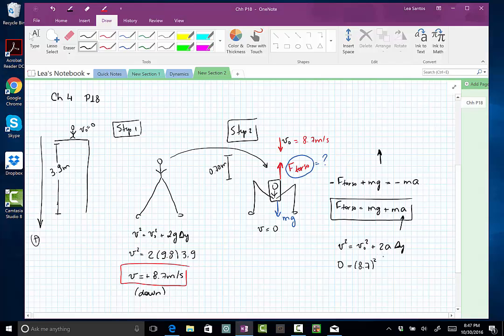Careful with the a, since the a is pointing up. This is going to be minus 2a, and delta y is that 0.70. Okay, so from here I get the acceleration. I put it there and get the force, the average force exerted on his torso.